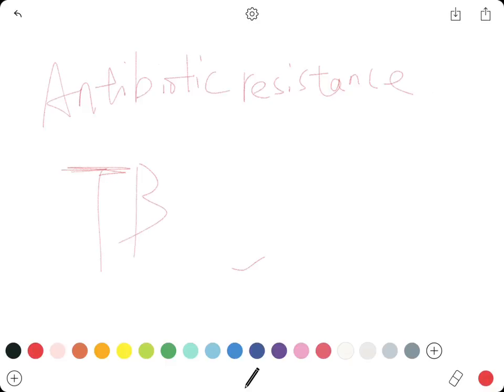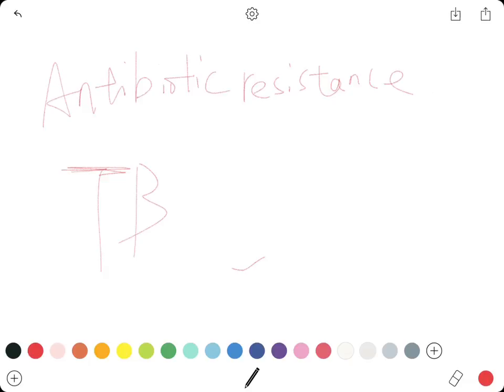Another disease is AIDS, and also transplant patients and even cancer patients.